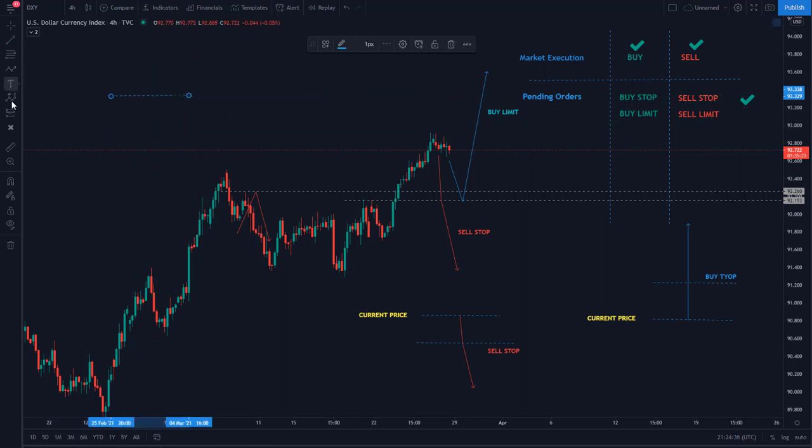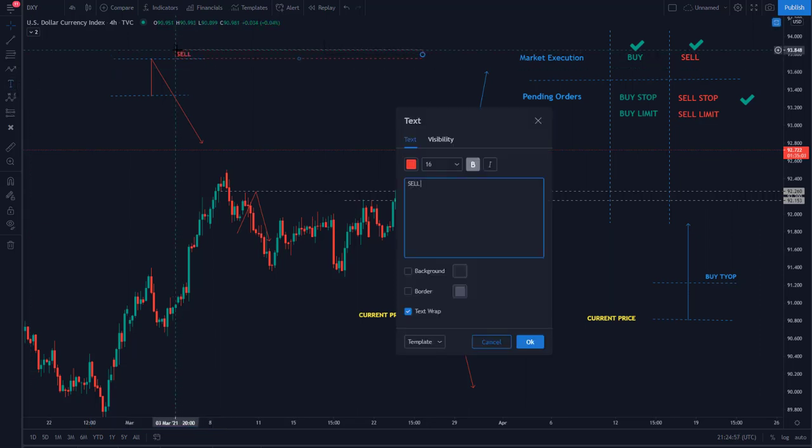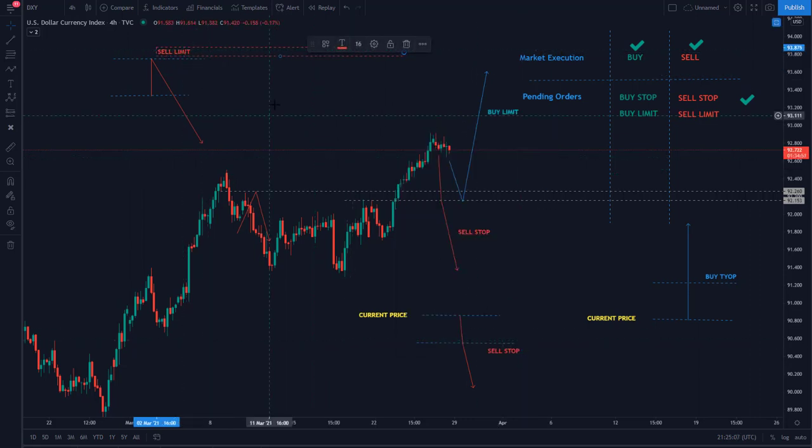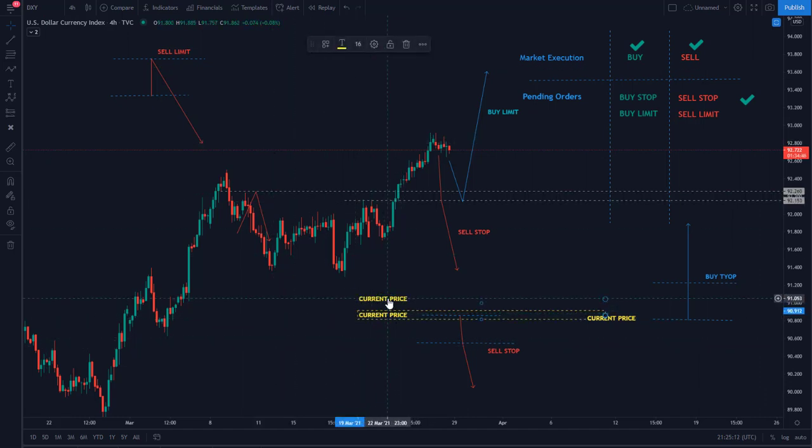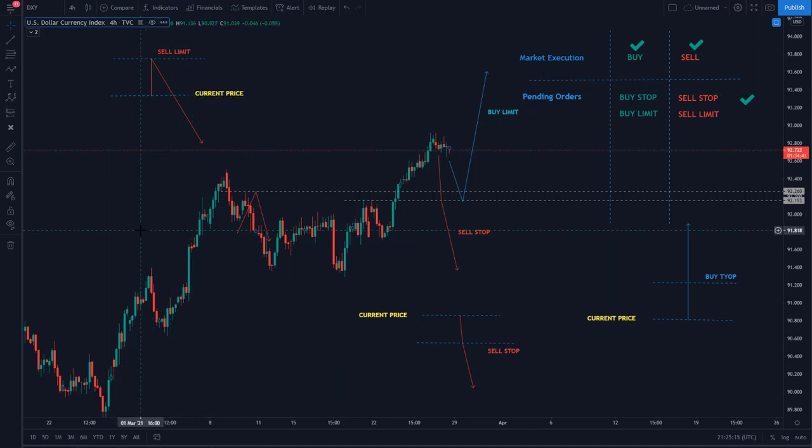You want price to move a bit higher and then go in your direction. This here is a sell limit. Great.